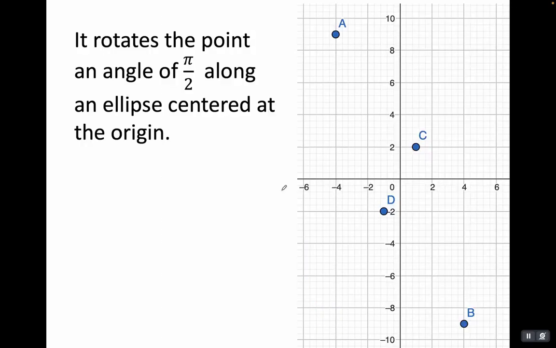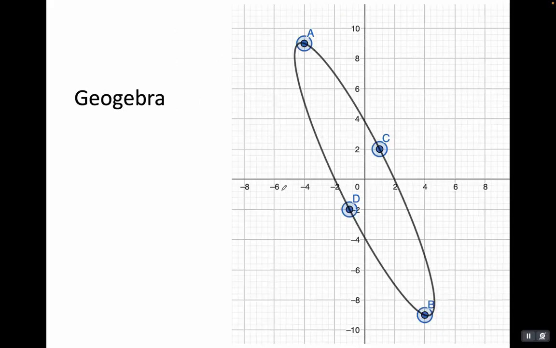It rotates the point an angle of pi over 2 along an ellipse centered at the origin. If you don't think this is an ellipse, then use some program like GeoGebra to plot the points and generate the ellipse. It's an ellipse, so it's not a circle. It's not rotating this point along a circle. It's rotating this point along an ellipse. Angle of pi over 2 each time. That's why when you do it 4 times, you're back to where you started.